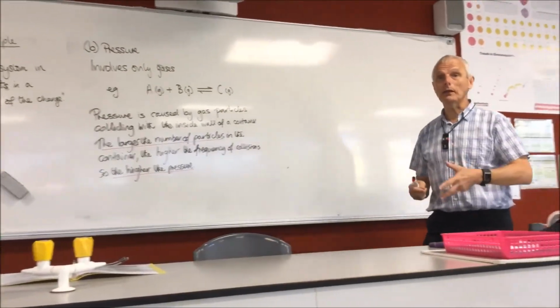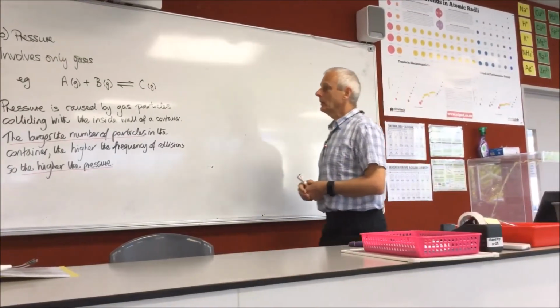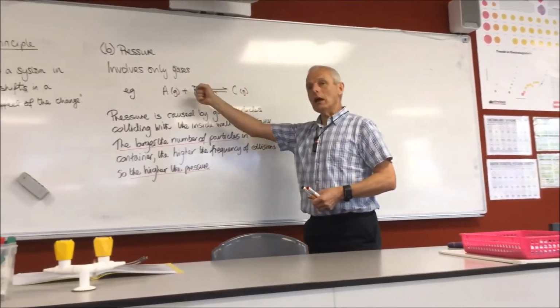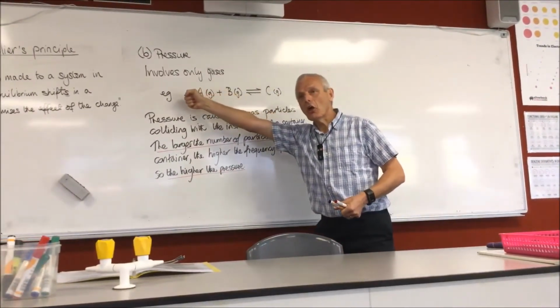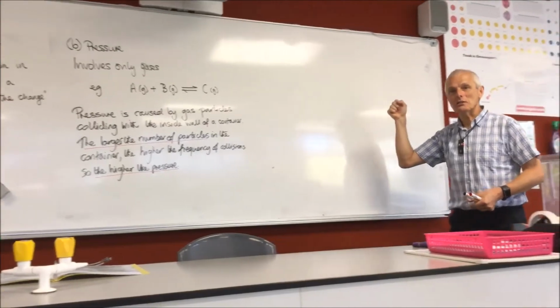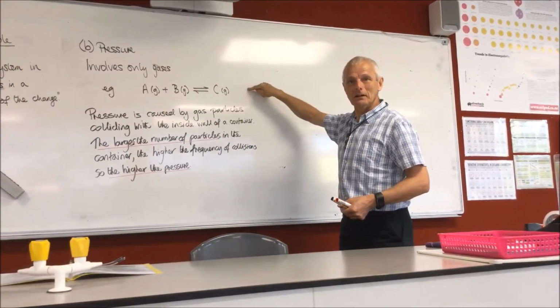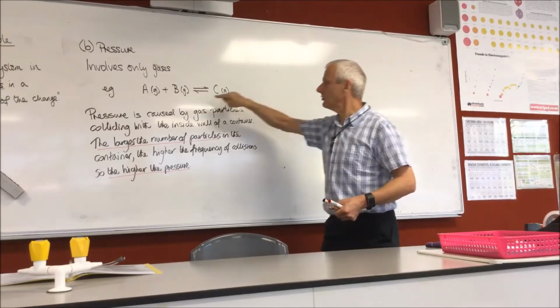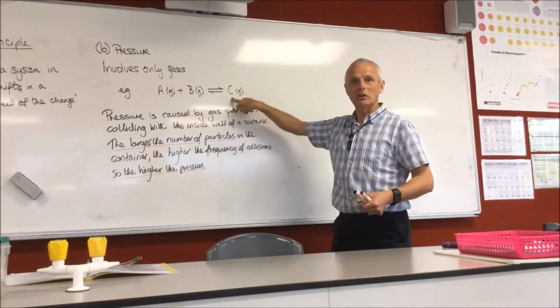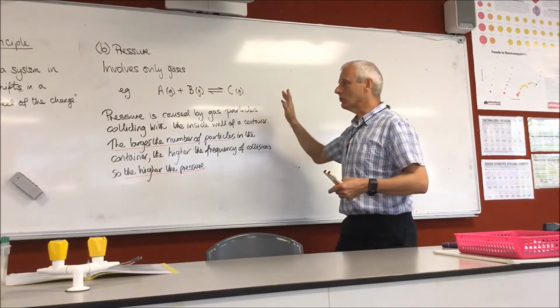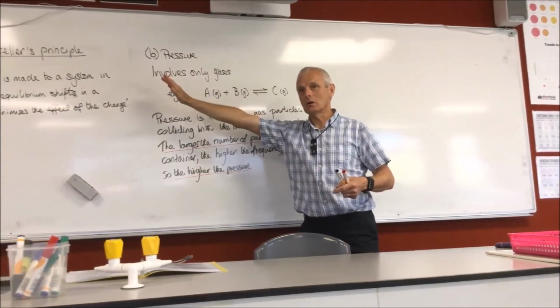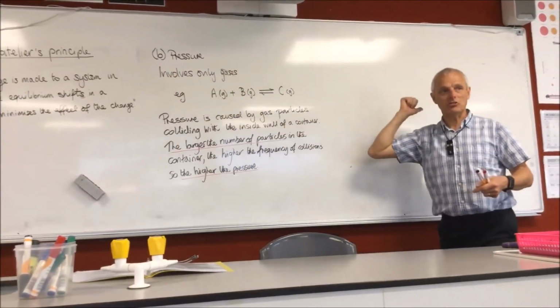And don't worry about that, we'll come to that later. What happens if I now push this right to the other extreme? How many moles of particles do I have here? So I've reacted all these away and I've just got this. 1. So I've got 2 moles at that extreme and 1 mole at this extreme.